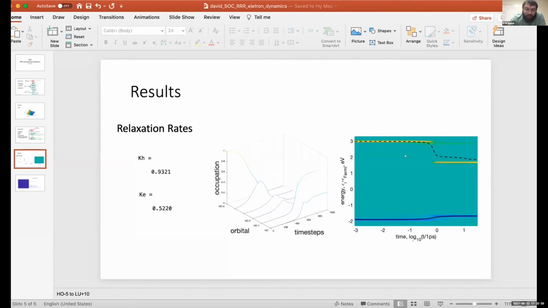The blue indicates the hole, the yellow indicates the electron. So we notice that the majority of the yellow drops down at around 1 picosecond, but there's a small amount that continues on past 10 picoseconds. Because of that, we're seeing this shoulder in my relaxation expectation value. You don't see that on the hole, because the hole transfers much cleaner, as did the graphs that Yulin showed. Okay. Yeah.